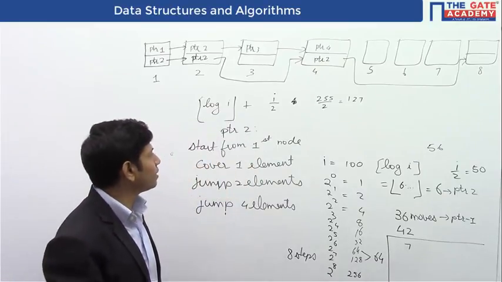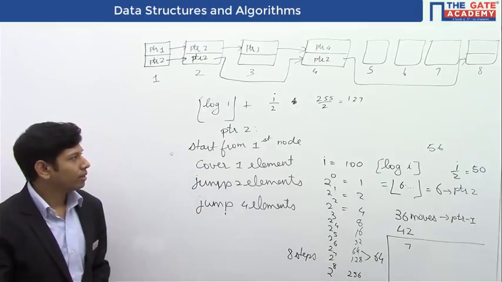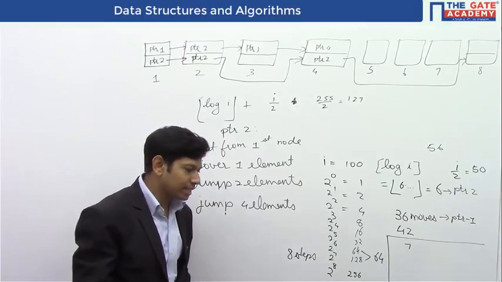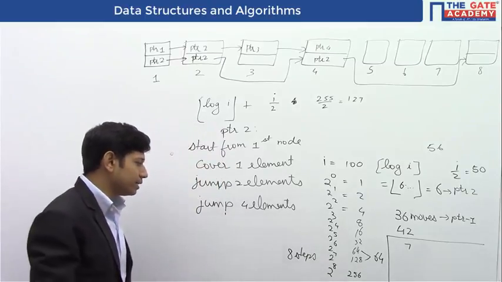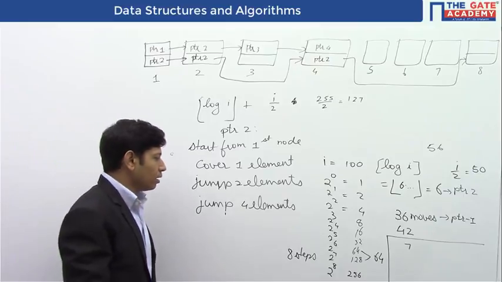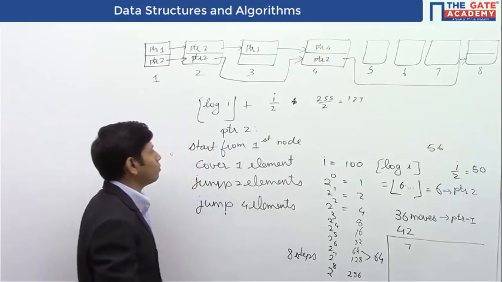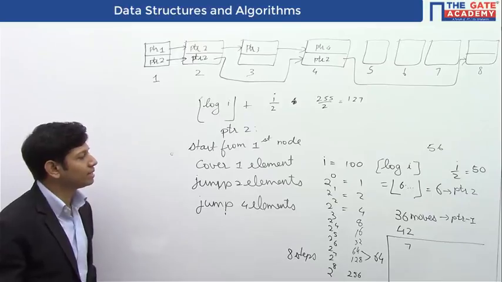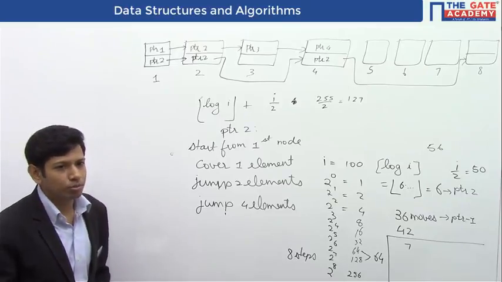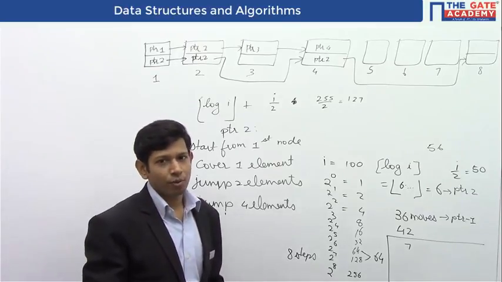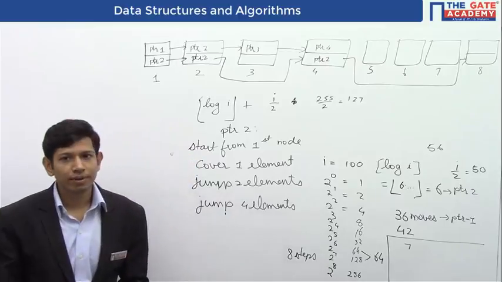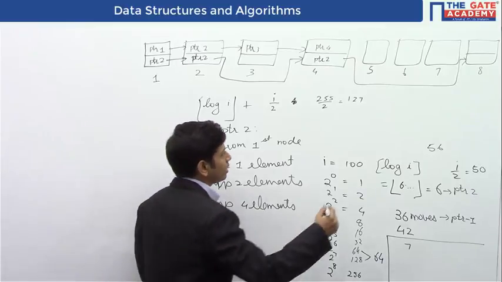Now we have obtained the value of I by 2, that is 127. Next thing that we have to check is the sum of this 127 plus 7. It comes out to be 134. 134 is the value that we are obtaining as the total range.